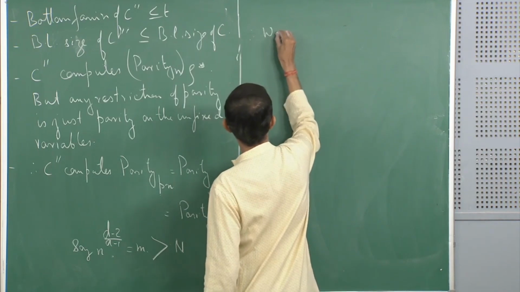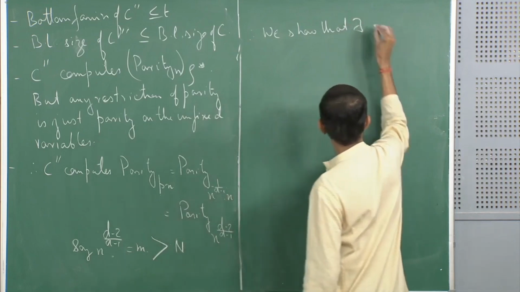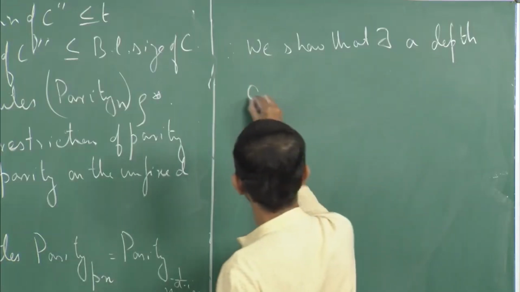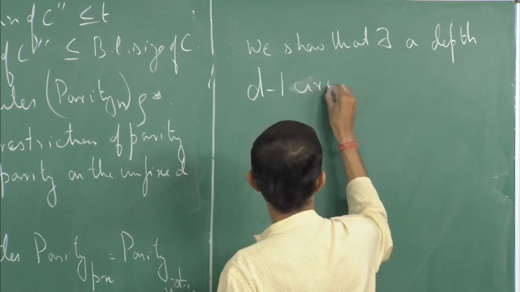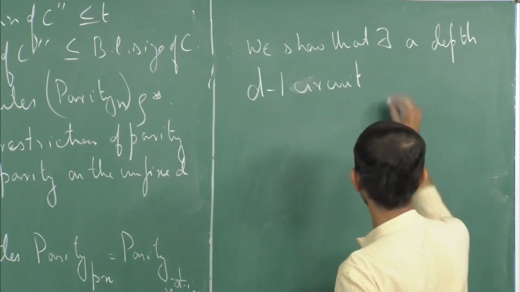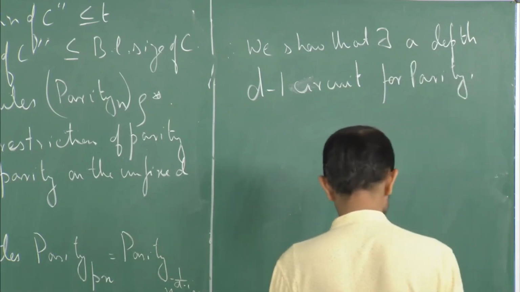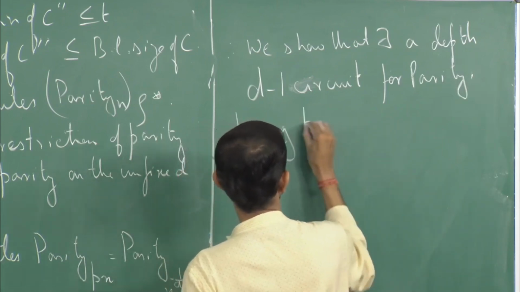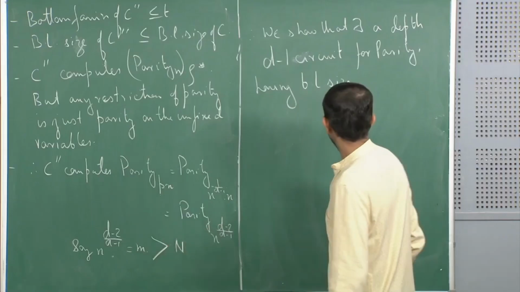So, therefore, we show that there exists a depth d minus 1 circuit for parity having bounded size and bottom fan-in. So, now how much is the size?